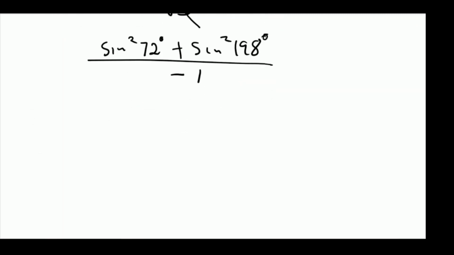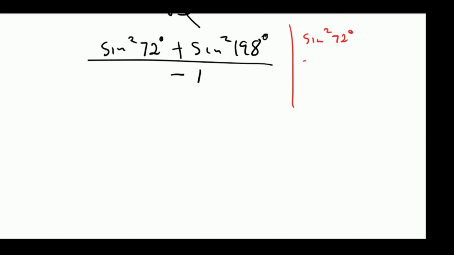So now what we need to do is reduce both the sine of 72 degrees and the sine of 198 degrees. To reduce this problem, we need to reduce it to the same angle. For example, we have sine squared of 72 degrees.